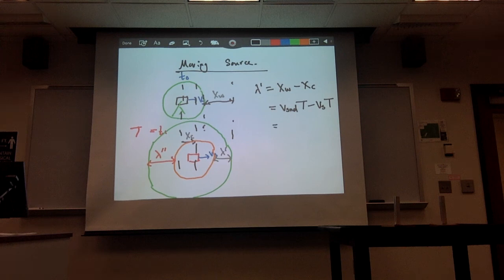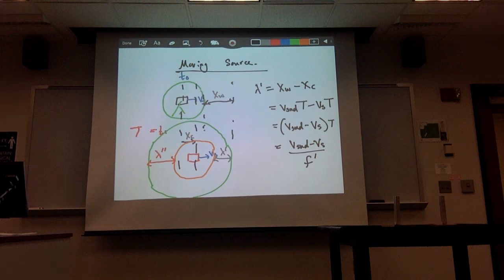So this is equal to the speed of sound minus the speed of the source, all times the period. But since the period is inversely related to the frequency, this is now going to be the speed of sound minus the speed of the source, all divided by the frequency. So this is what we're going to call the apparent wavelength.